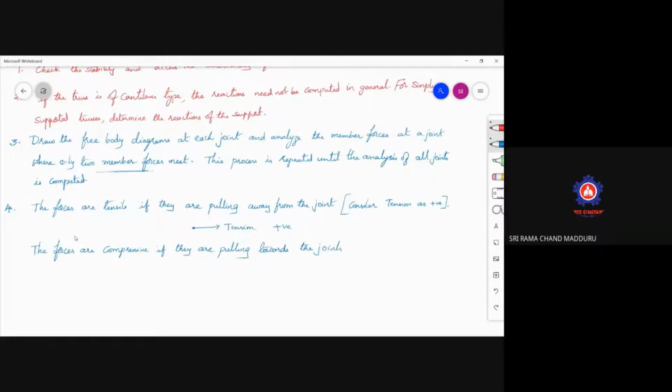For example, a joint is here, and if the force is coming towards the joint, then this will be considered as compressive, and the compressive force will be considered as negative. So this is the assumption that we have to consider. In some of the textbooks, compression is considered as positive and tension as negative. However, here compression is considered negative and tension positive, right?